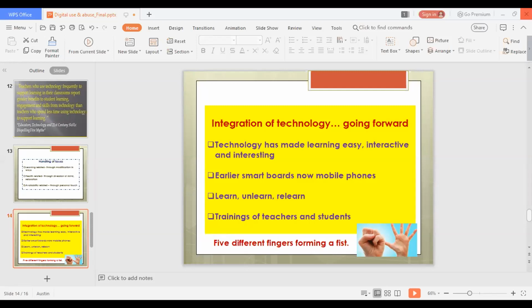We have realized that technology has made learning very easy, interactive, and interesting. We've also realized that the smart boards that we were using in our classrooms, mobile phones have taken their place. And I will share with everybody here that our teachers are taking their classes on these smart boards in the school itself.